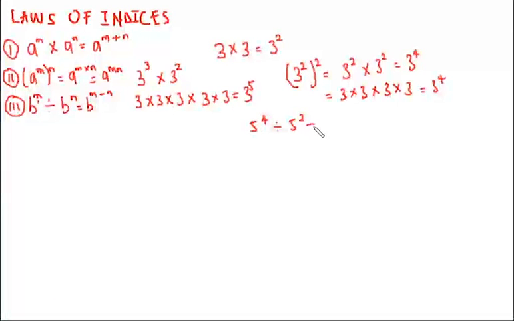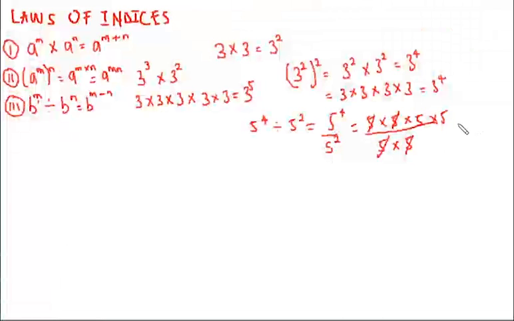Expanding this, it would look like 5 raised to power 4 divided by 5 raised to power 2. So this is 5 times 5 times 5 times 5 divided by 5 times 5. So I'll be cancelling this 5 with this one, and this 5 with this one.